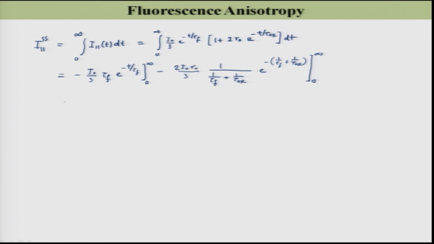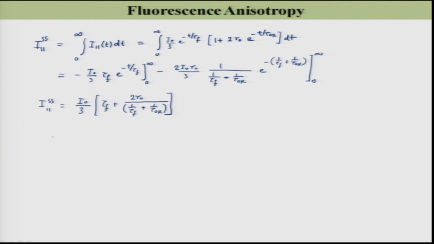So, if you put this limit, what you will get is I 0 by 3 into tau f plus twice r 0 divided by 1 over tau f plus 1 over tau r. So, you will get I parallel steady state as this.